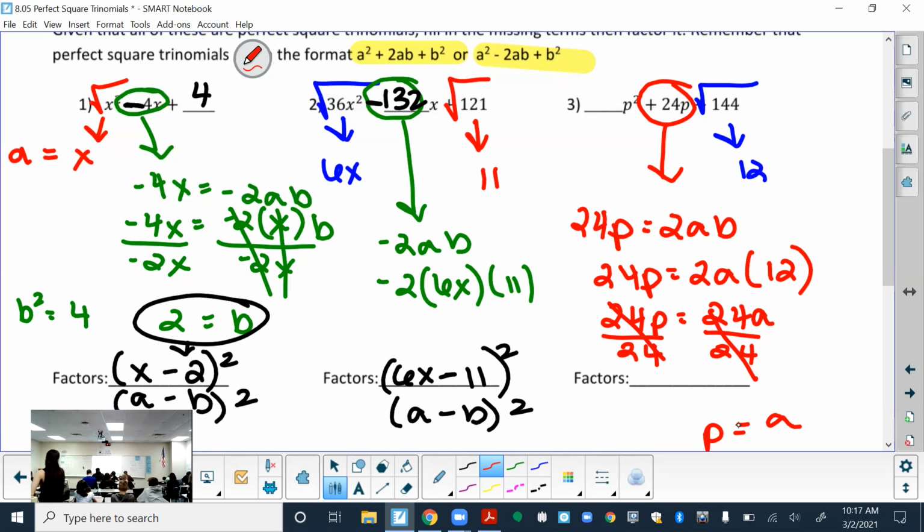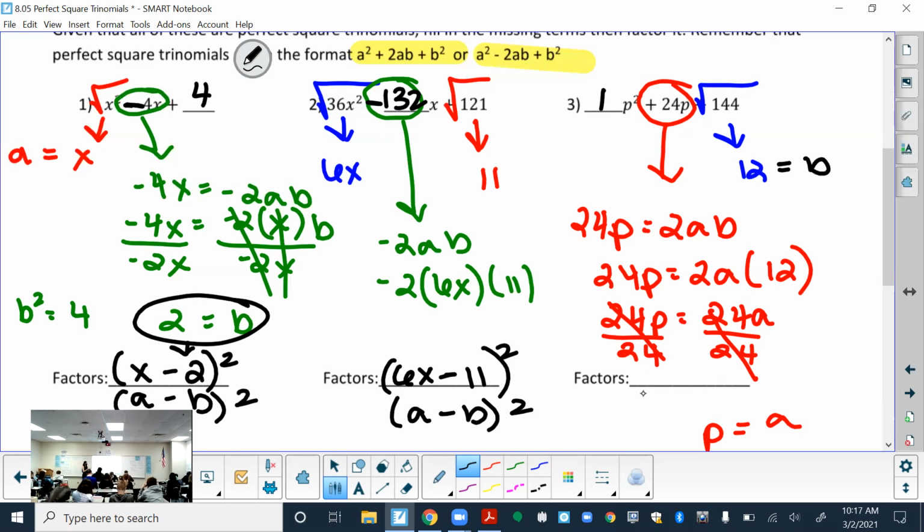So what is my a value? My a value is 1p. So then that squared is p squared. So what number goes here? 1. Questions about that?